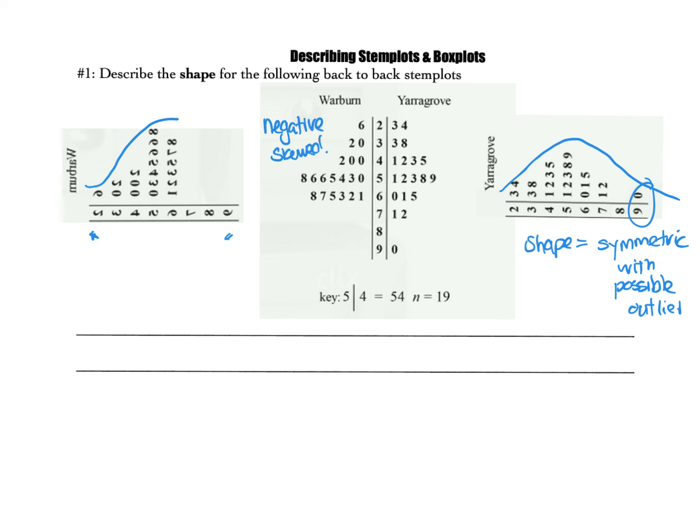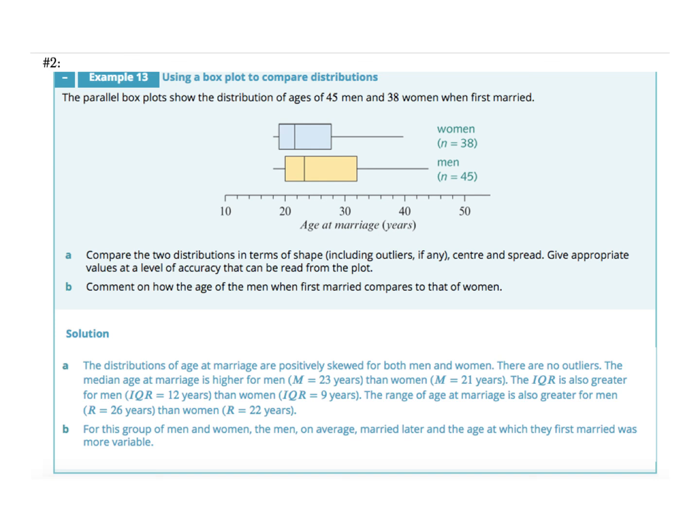All right. So here is just an example, so you can have it in your notes to compare. So you've got your two box plots showing the distribution of ages of 45 men and 38 women when first married. So when you go to compare, what would we compare? So straight away, you compare the medians. So you'd say, comparing this, the men's median age was higher than the women's.